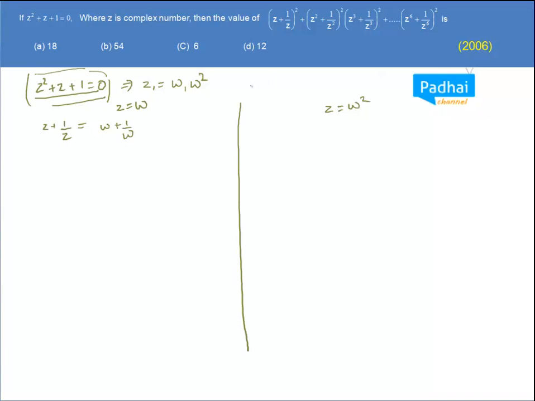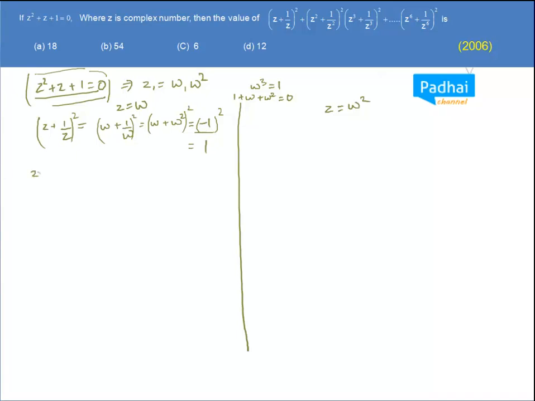We know that omega cube is equal to 1, so if I replace 1 by omega cube, I'll get omega + omega square, which is nothing but minus 1, because 1 + omega + omega square is equal to 0. And since it is squared, this will result in 1.